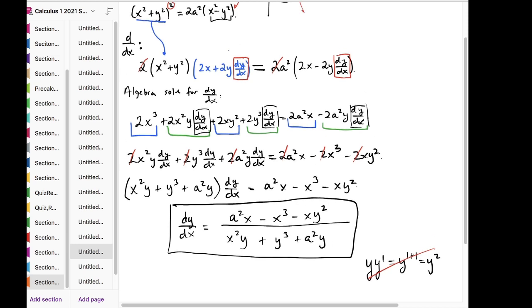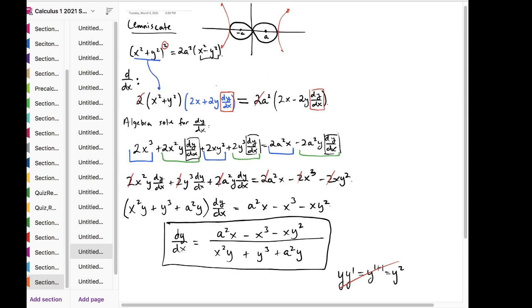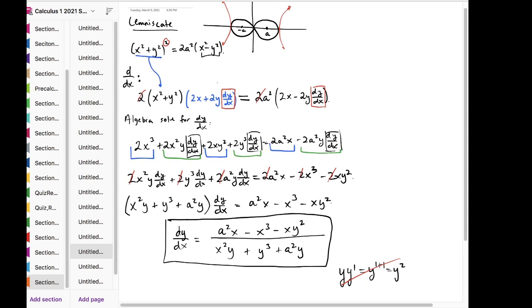One thing to note is that, can someone say why the derivative at 0 doesn't exist? If you plug in 0, 0, it doesn't exist, right? What happens when you plug in 0, 0? What do you get?